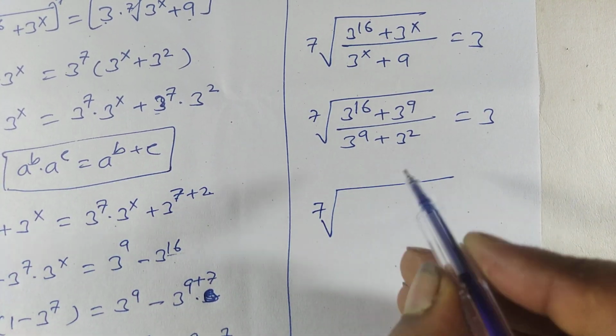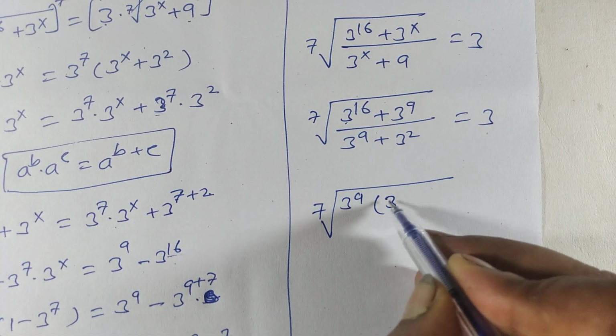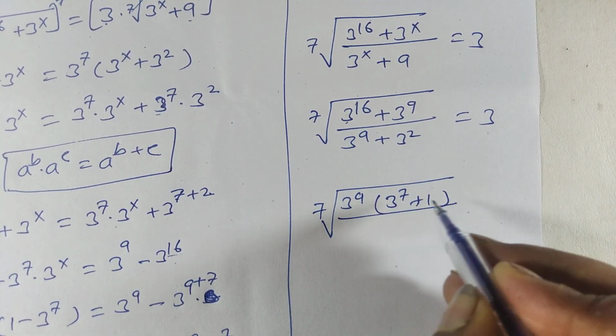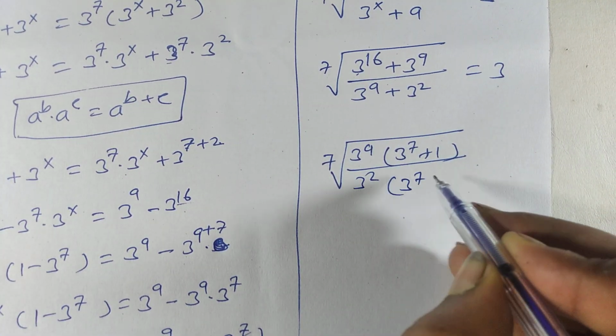Taking 3 to the power 9 common in the numerator, it remains 3 to the power 7 plus 1. Taking 3 square common in the denominator, it remains 3 to the power 7 plus 1.